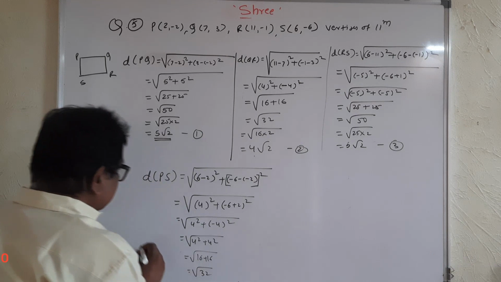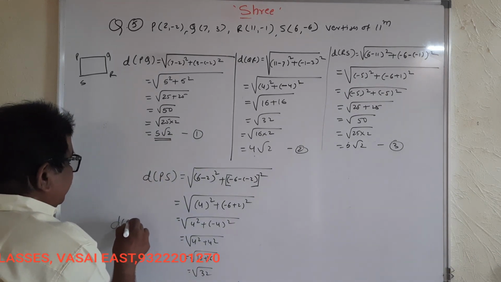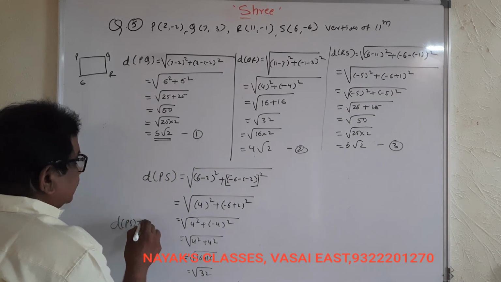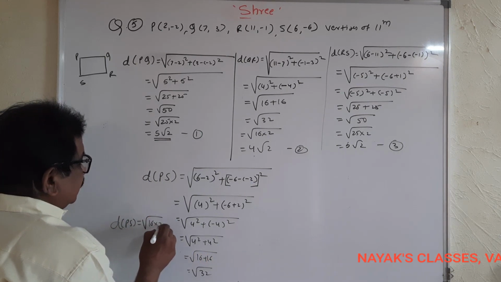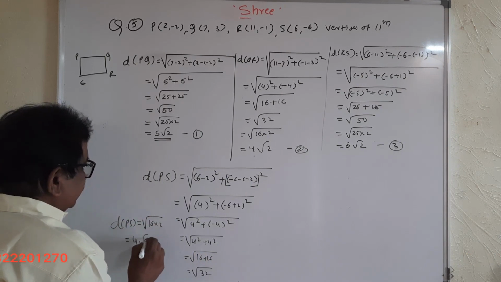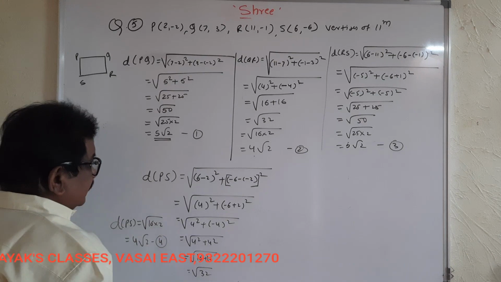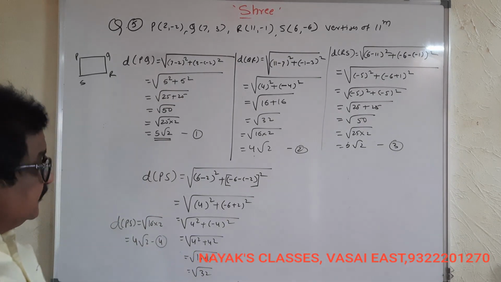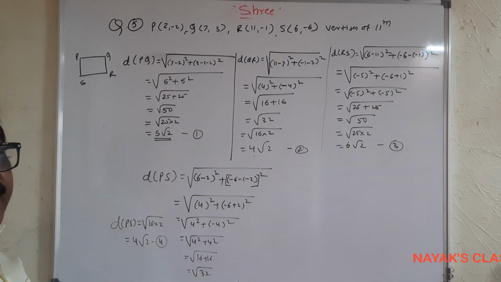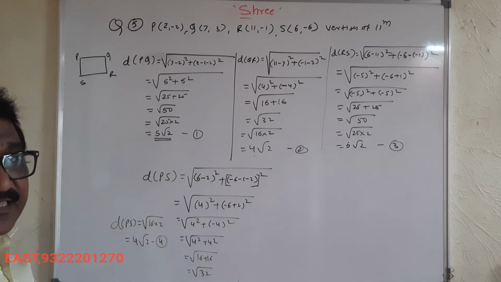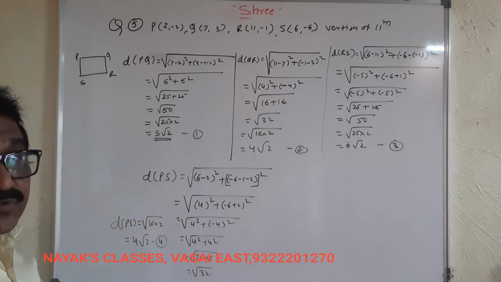The final distance PS is under root 16 into 2, which is 4 root 2, and this is the fourth calculation. Quick, if you waste time in these examples, you will score less.